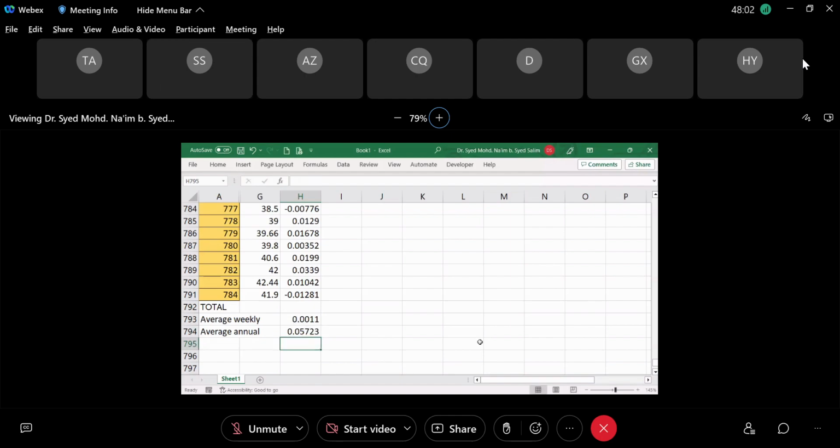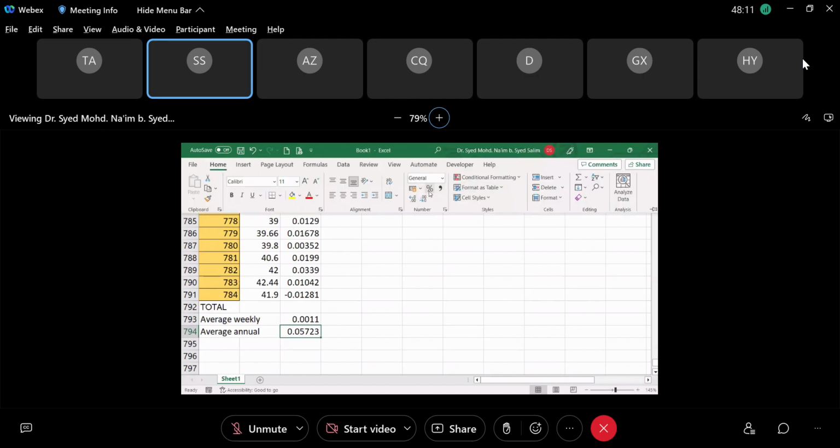Okay, so average annual return of Nestle's share price is about 5.7%. Not too bad.